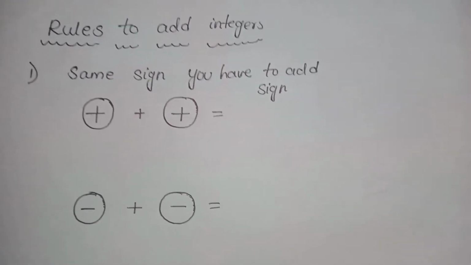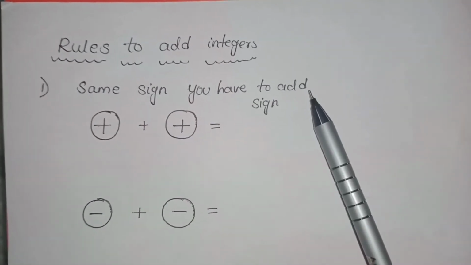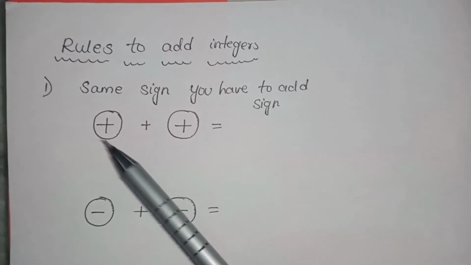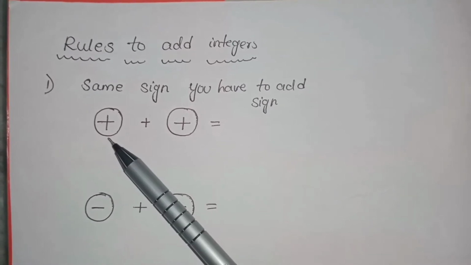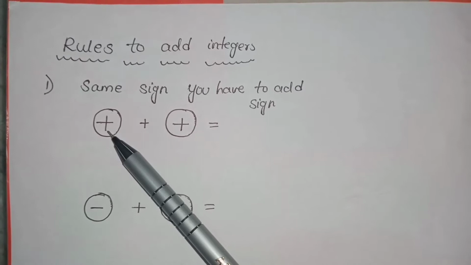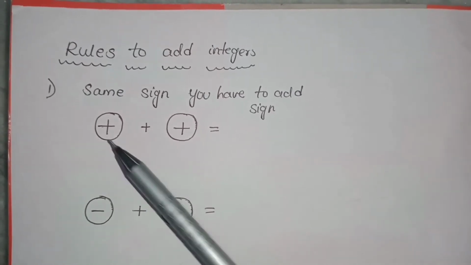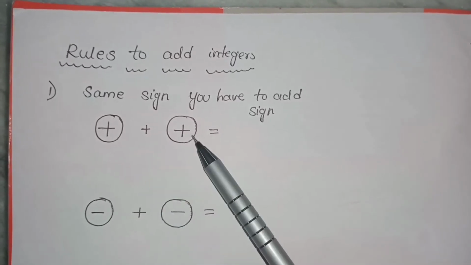So rule number 1 is that same sign you have to add, when you add 2 integers which have the same sign. See here, I have written, when 2 positive integers, here I am adding 2 positive integers. I have not written numbers.